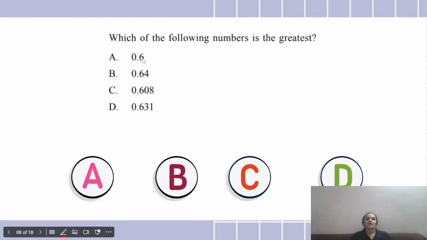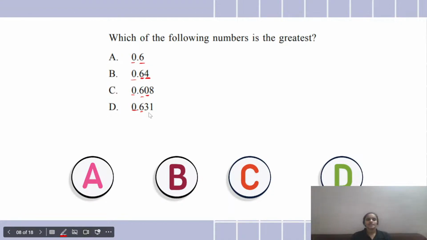Okay, all right. If you observe the numbers after the decimal, the first number is 0, so that is the same. After the decimal, all the numbers have 6. So we'll move on to the 100th place. This was the 10th place, and the 10th place was all the same. Now let's come to the 100th place.